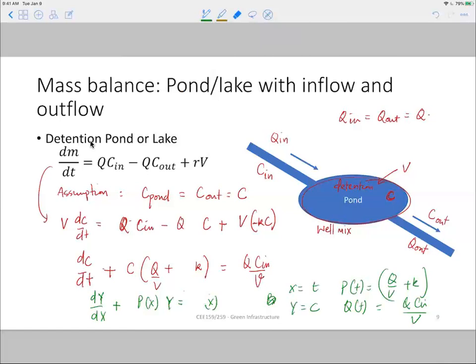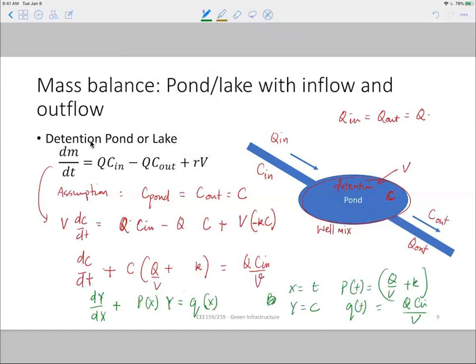So this will be small q. That way we don't have any confusion between p and q as the different terms that we assume versus Q as a flow rate.